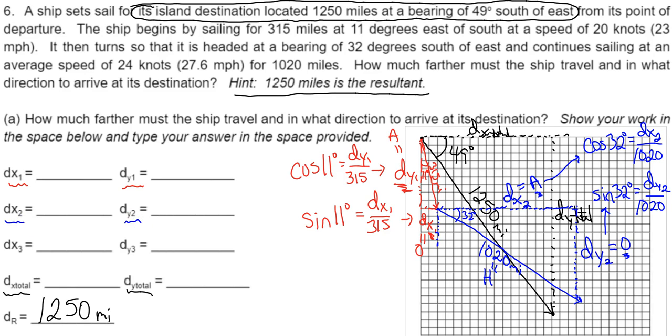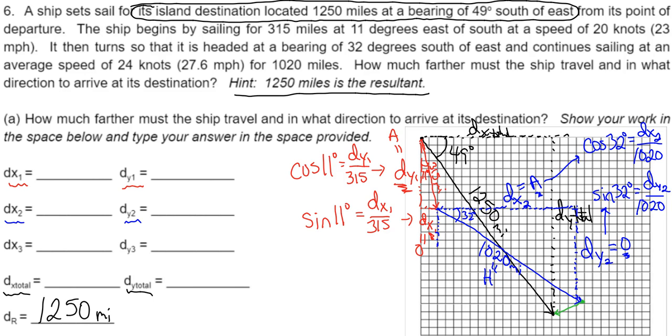And then the final leg of my journey is what I'm really looking for in A. How much further must the ship travel and in what direction to arrive at its destination? So the last thing that I'm going to do is go from where I left off directly to my end point there. So all I need to do is figure out what that resultant vector is.